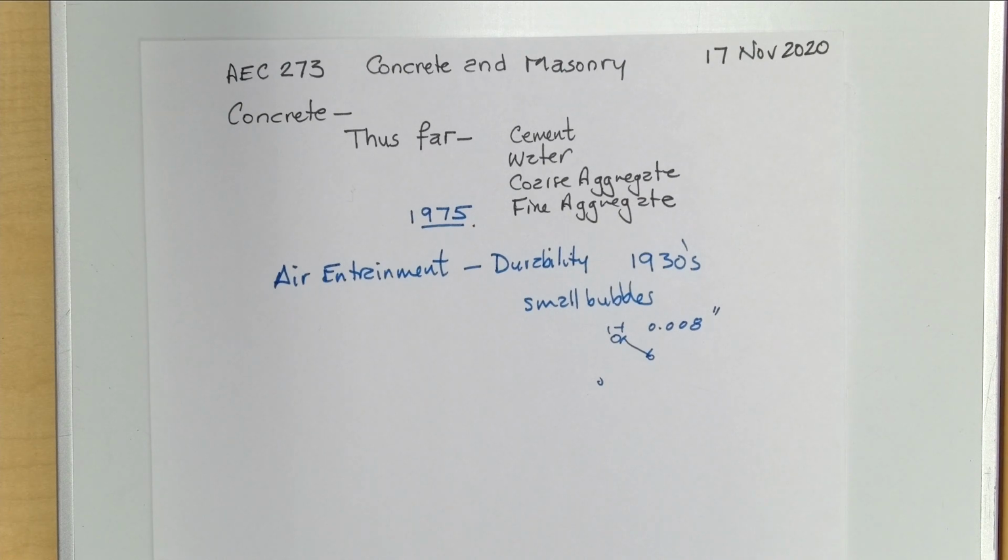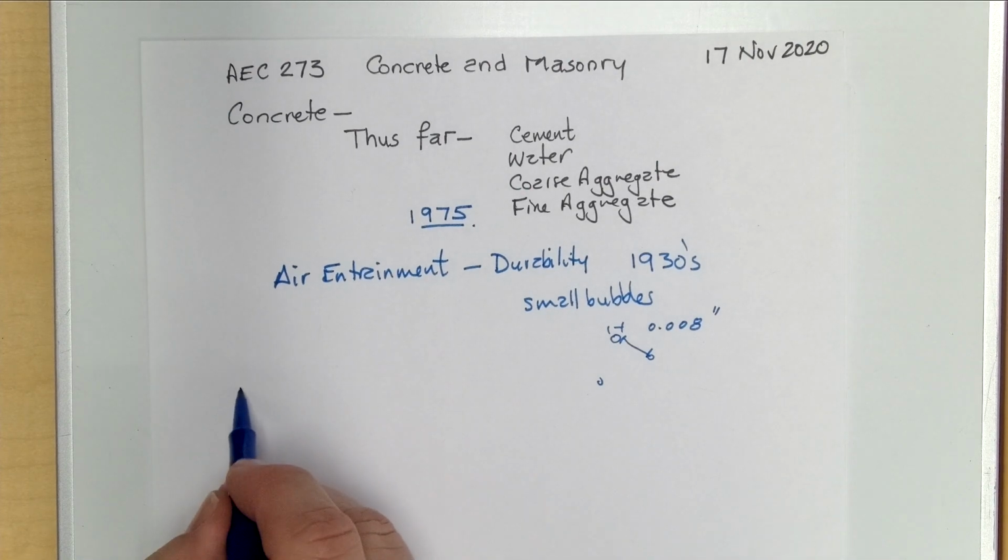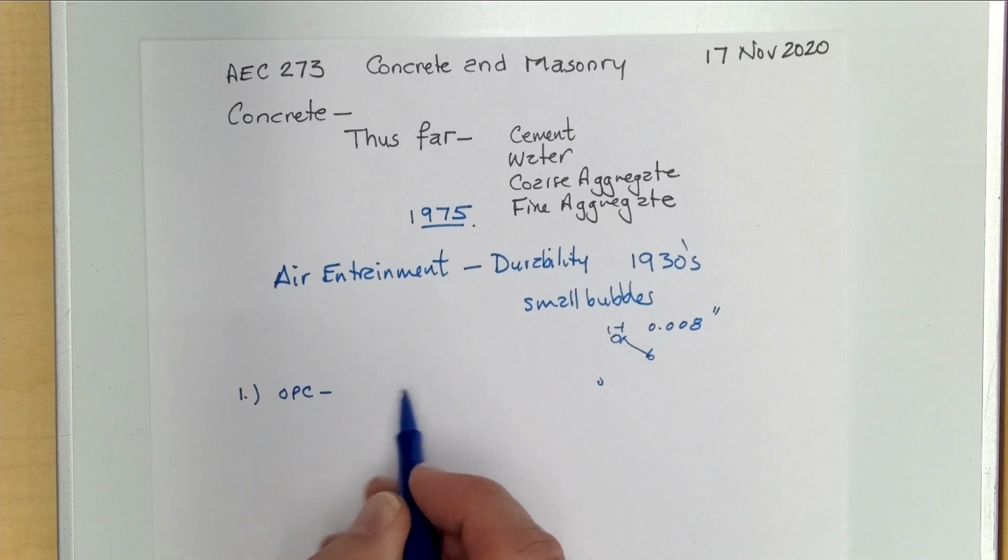We've known how to do that since the 30s and reliably since the end of the Second World War. That's why you can place concrete outside and never worry about it, something you couldn't do 100 years ago.